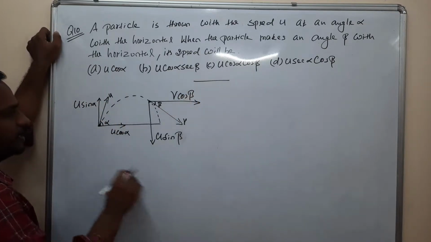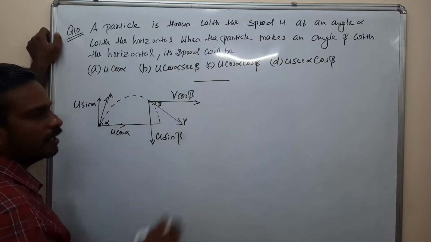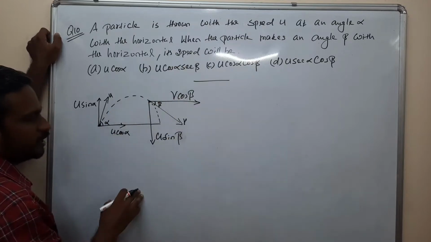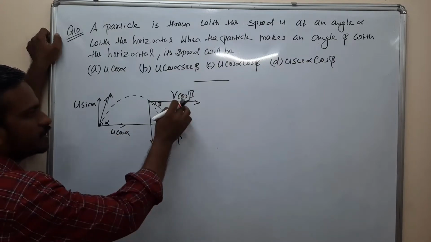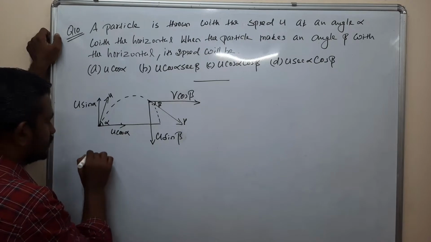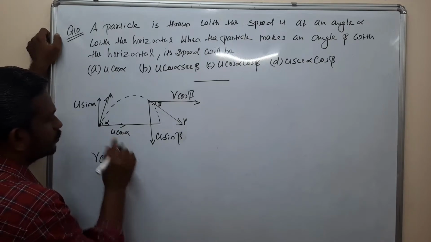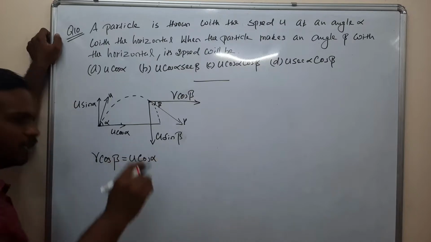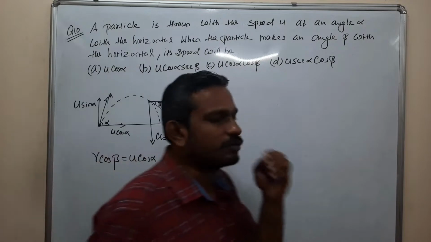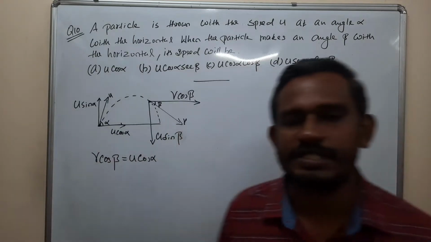But we know that in projectile motion, the horizontal component of velocity is constant throughout the motion, but the vertical velocity is not constant, it is continuously changing.